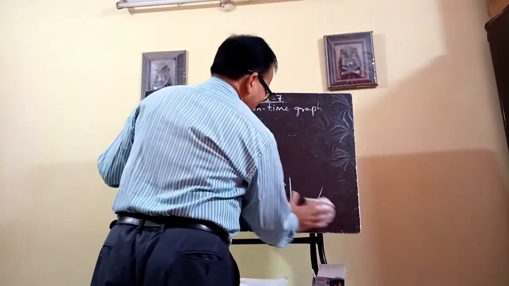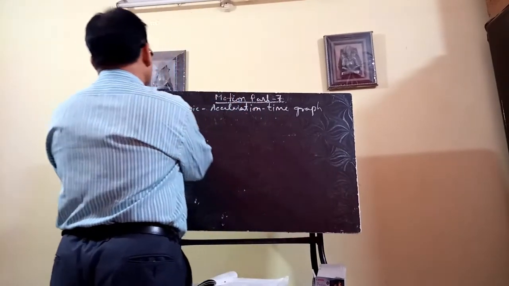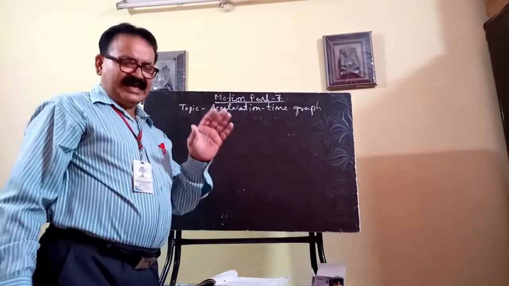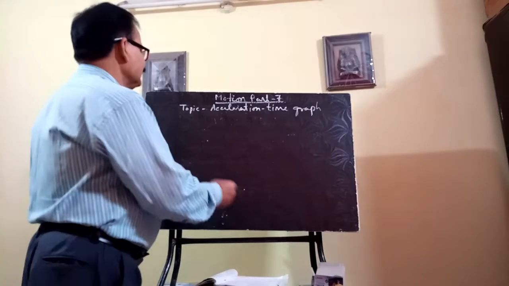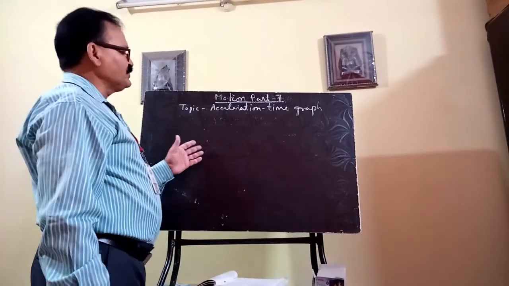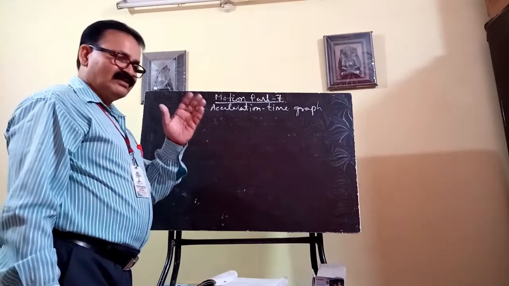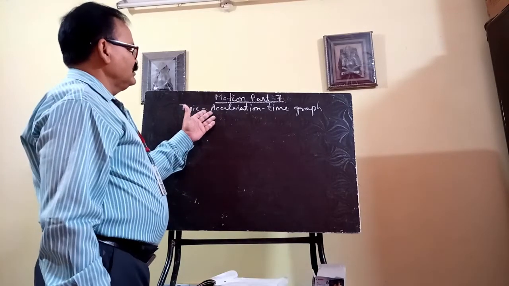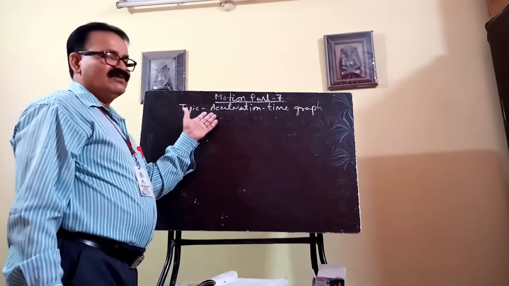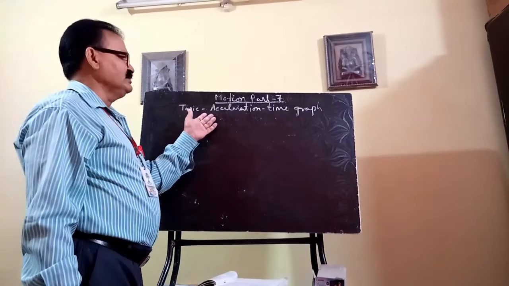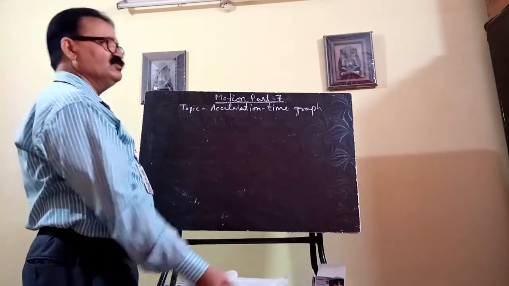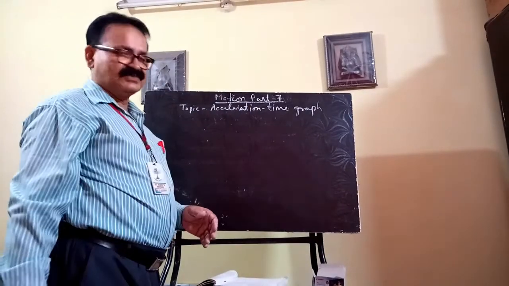If you see, for the uniformly accelerated motion, the real life situation you will generally see is in a freely falling body, when a body falls freely under gravity, or when you throw a body vertically upward.